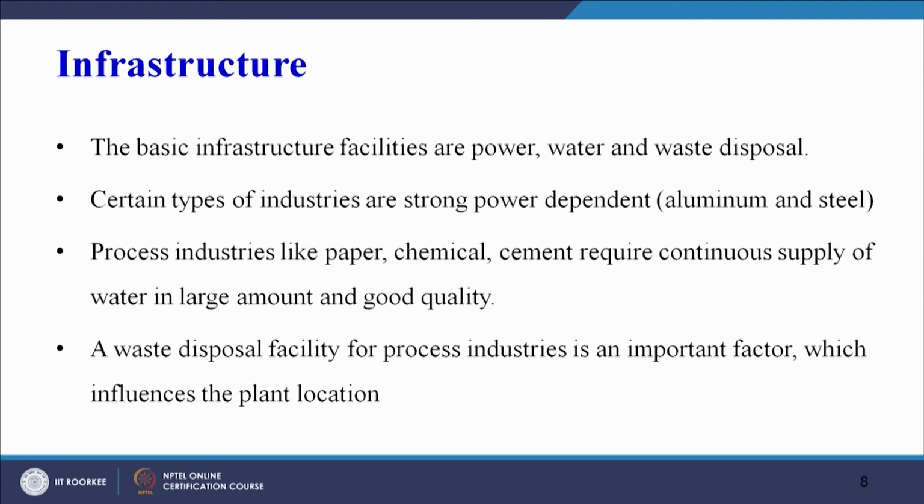So, infrastructure means whether we are able to get whatever is the important requirement for the manufacturing activity. For example, in making of aluminium and steel, we require a lot of power. So, whether it is a power surplus state. If it is a power surplus state, we will get the required amount of power for converting our raw materials into the final product. That is also an important decision.